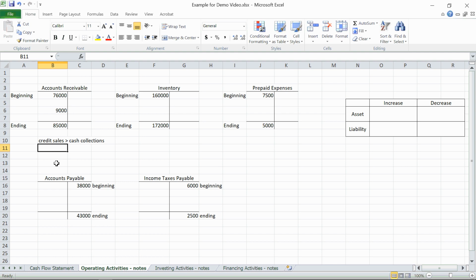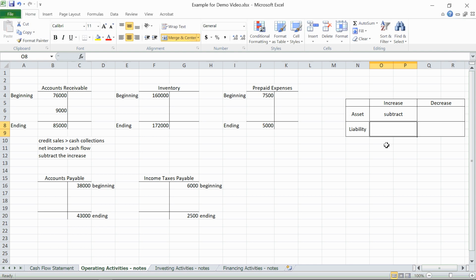And if credit sales are bigger than cash collections, that also means that accrual-based net income must be greater than cash flow. And so the rule, in order to adjust net income to cash flow, is we're going to subtract the increase. And that is a rule that will work for all assets.